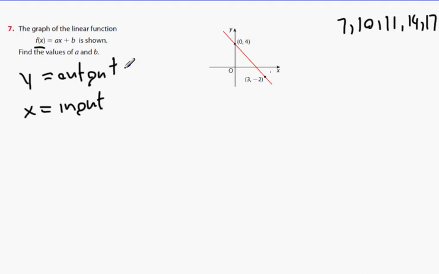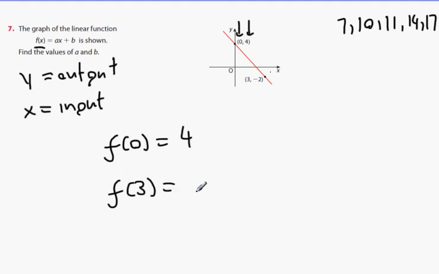Okay? Now, if we put in 0, what happens? If we put in an input of 0, what's the answer? 4. If we put in an input of 3, what's the answer? Minus 2. Do you see what I'm doing? X value is the input, y value is the output.